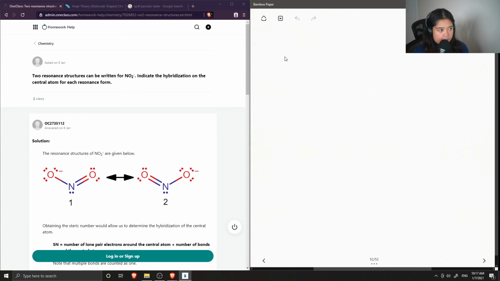Okay, so question number 5. Two resonance structures can be written for NO2-. Indicate the hybridization on the central atom for each resonance form. So first let's calculate the total number of valence electrons in this ion.